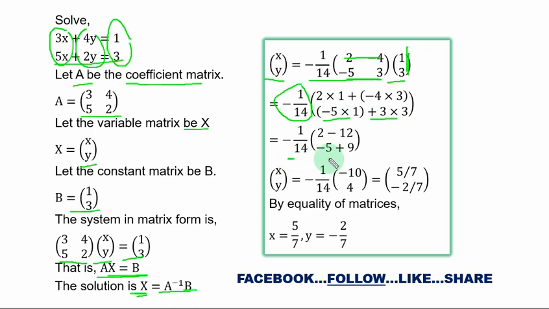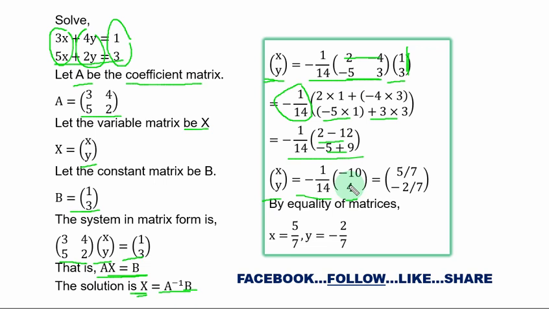That simplifies to this. You have 2 minus 12, then minus 5 plus 9. This matrix, you bring it down, equal to minus 1 over 14. If you add this, you have minus 10, and here you have 4.